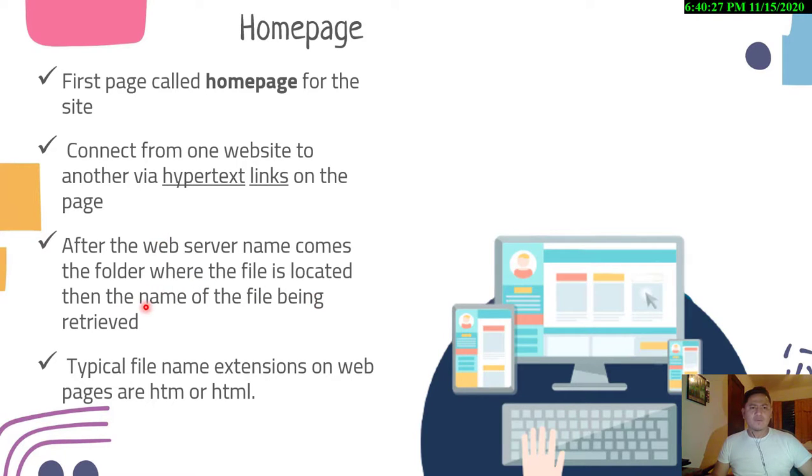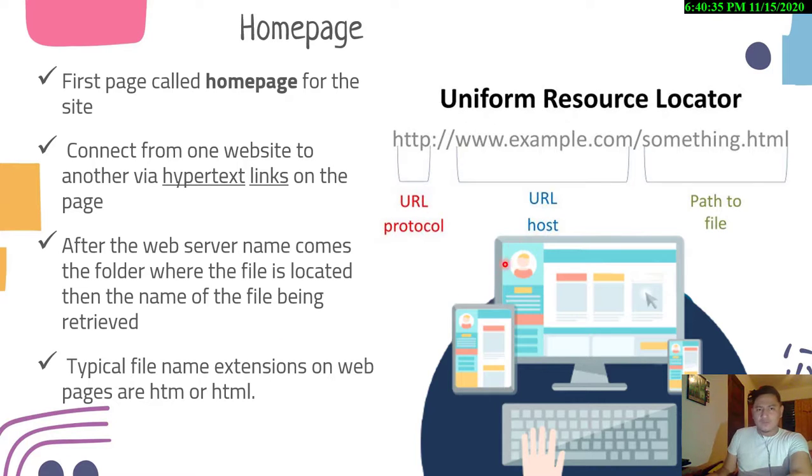Okay, so after the web server name comes the folder where the file is located. Okay, then the name of the file being retrieved, for instance this. So look at the URL. If I'm accessing a URL on a website or on a web browser, this is the protocol, as I mentioned. This is going to be the web server, and divided by a slash, this is going to be the path, or basically the file.